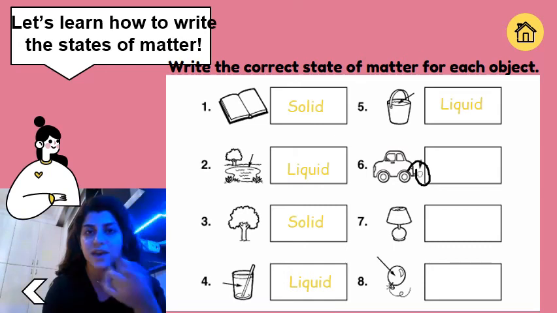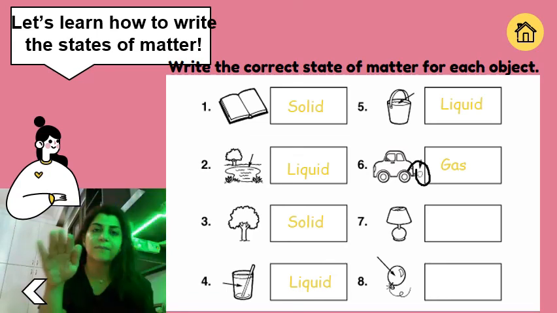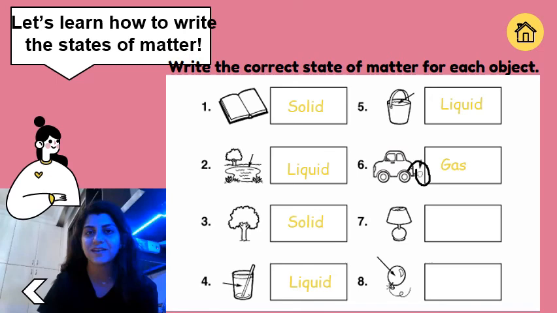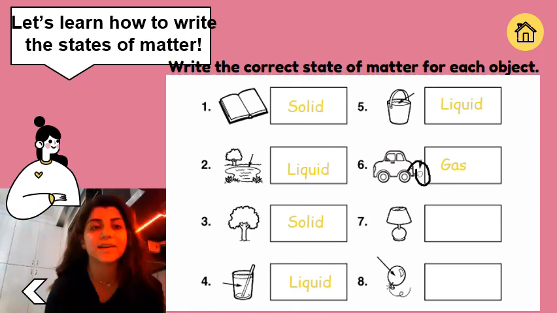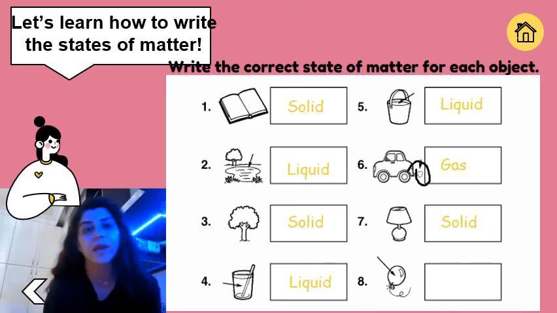What is the air that comes out of the car? It's gas. Number 7, lamp. Is it solid or liquid? What do you think? Yes, miss, it's a solid. Right, solid. The air inside the balloon. Is it liquid or solid or gas? Yes, it's gas.